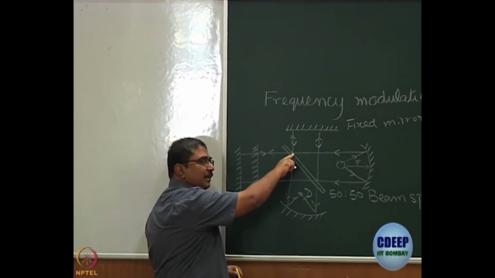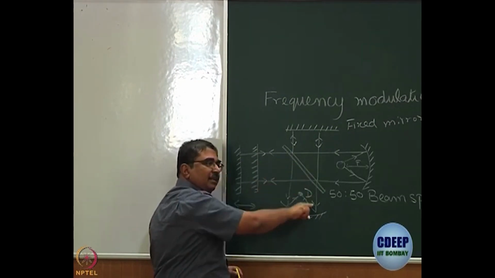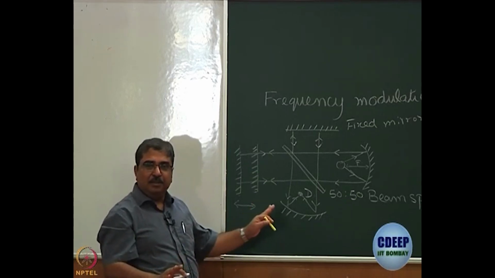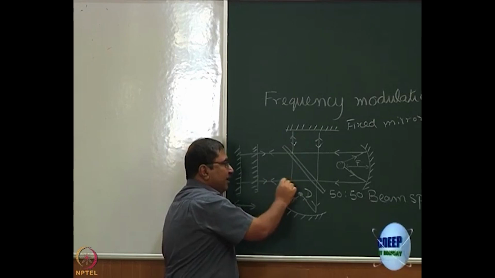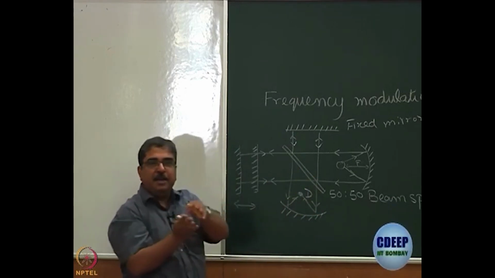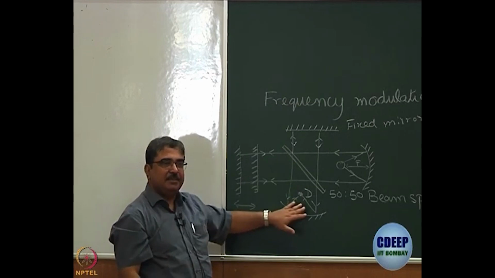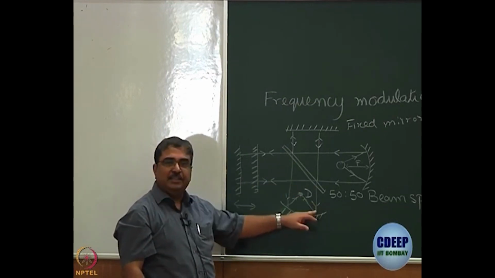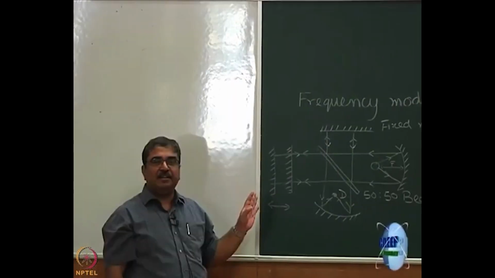When it reaches here, 50% goes straight, remaining 50% gets reflected, and if your alignment is perfect, then I hope you understand that the beam from here and the beam from here become completely superimposed after this beam splitter. Are we okay? So, it is enough to draw two rays here. I have made sure that the two paths are exactly the same, right.